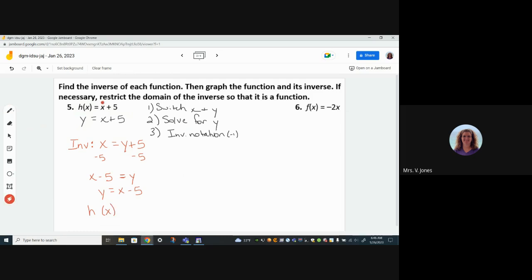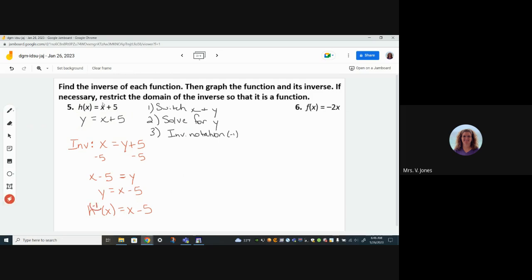But let me go ahead and write that down first. All right, but you'll notice that originally h of x was x plus 5. Now we've got that it's x minus 5. So these two right here can't be the same notation because they actually equal two different things. So to show that it's an inverse, we put a little -1 right here.